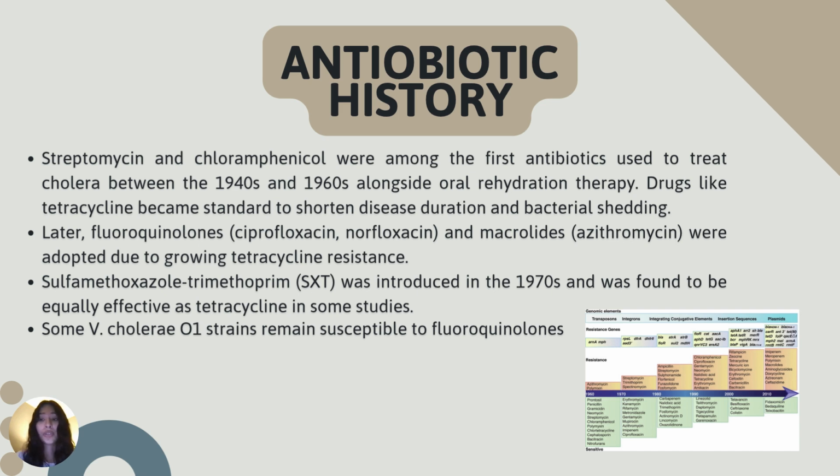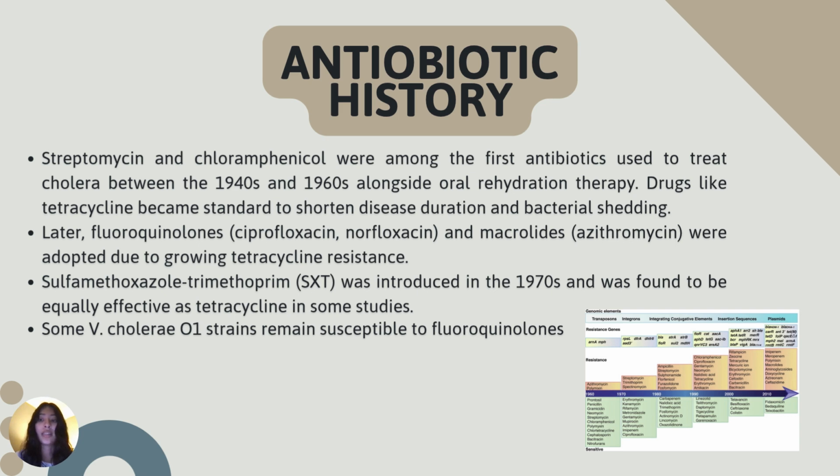So fluoroquinolones, such as ciprofloxacin, and macrolides, like azithromycin, were then adopted because they were more effective against resistant strains. SXT was introduced in the 1970s and was found to be just as effective in some studies.